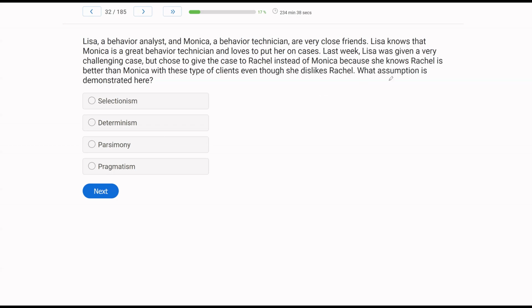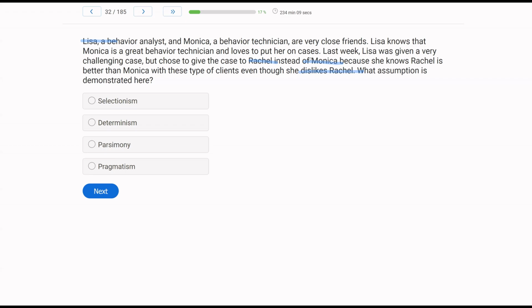All right, so when we're talking about assumptions, you want to be very specific because with assumptions, with dimensions, it can be hard sometimes to discriminate between the different types. Well, let's think about what's going on here. We have Lisa, who has this case, and she needs to choose between Rachel and Monica. She knows Rachel is better than Monica with these clients, but she dislikes Rachel.